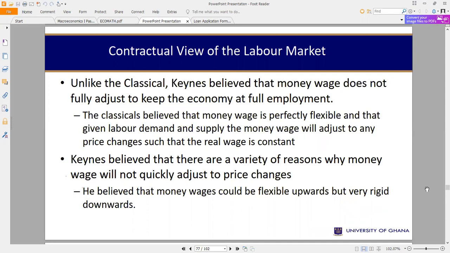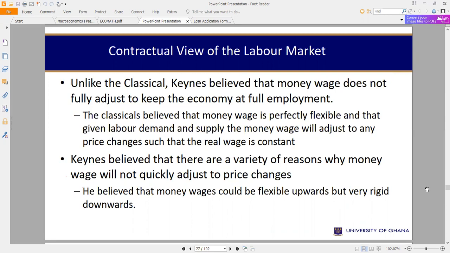But then let's look at the contractual view of the labor market, what Keynes actually believed. According to the economic thoughts before Keynes, wages could freely move. But according to Keynes, wages do not move freely like that.